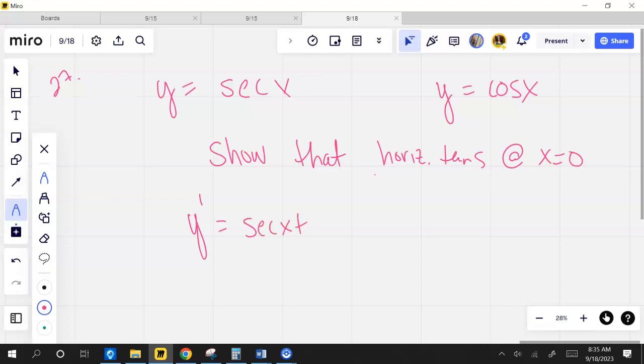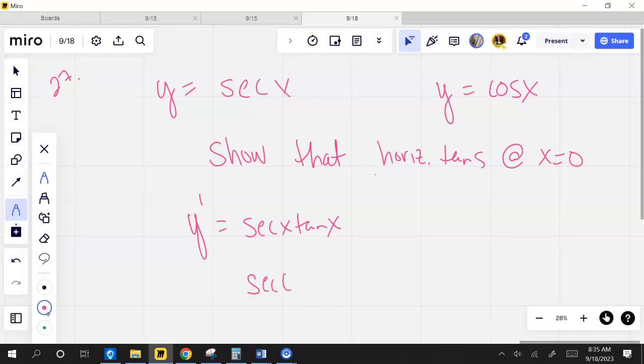Secant x tangent x, right? If I didn't remember that, I could change it to 1 over cosine, and then derive it with the quotient property. But this says show that they have a horizontal tangent at x equals 0. So what should happen if I plug 0 in for x? I should get 0, right?